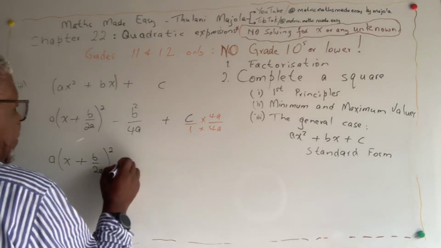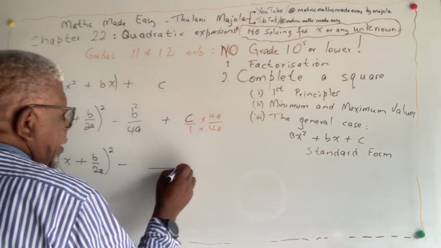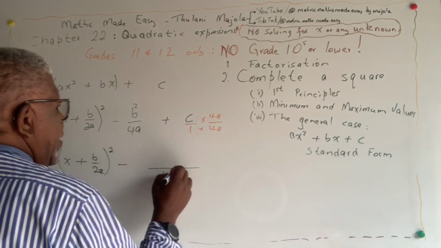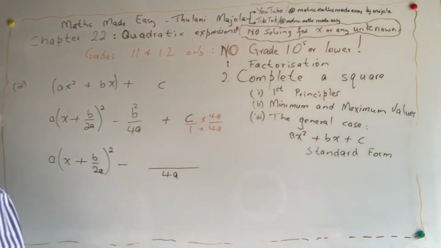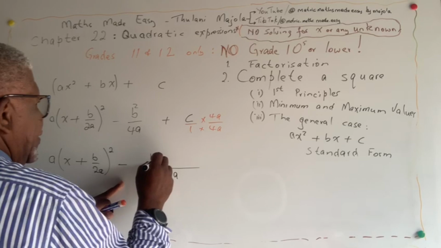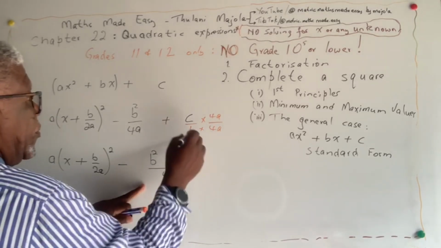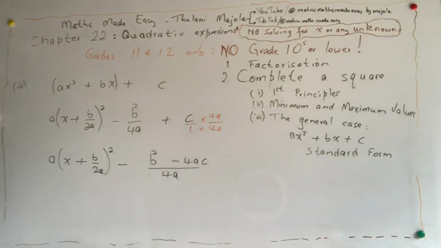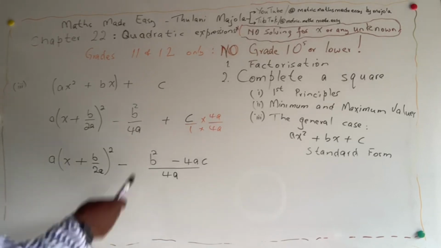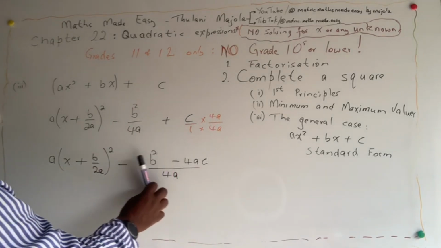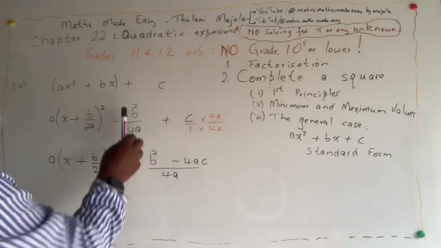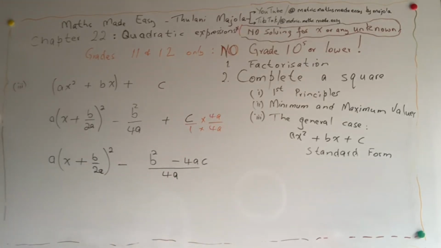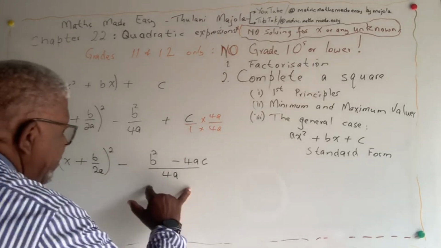So you have negative b squared plus 4ac over 4a. So this is your perfect square.